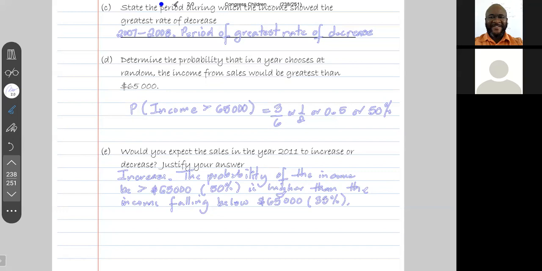Remember, an increase in 2011 would mean that the income is going higher than 65,000. There's a higher probability of that happening. Therefore, based on historical data, it is more likely that the income in 2011 would increase.